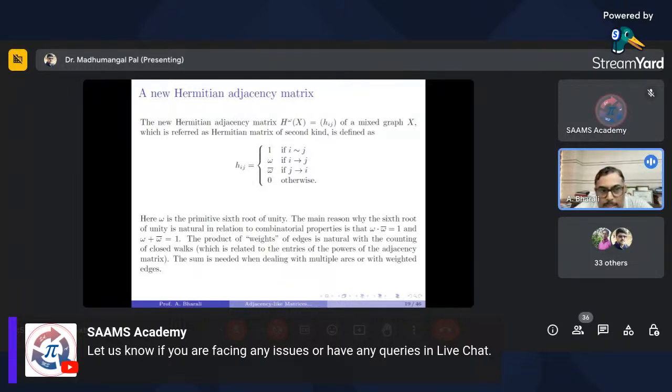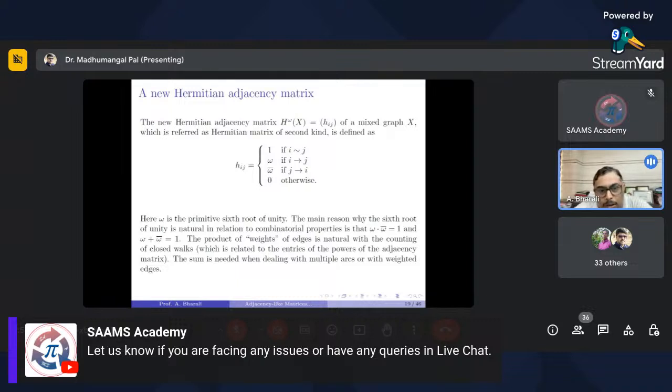So what he has suggested is that for one direction, we'll have omega, and for the other direction, we'll have omega bar. This matrix is known as the Hermitian adjacency matrix of the second kind. Again, being a Hermitian matrix, the eigenvalues are all real.